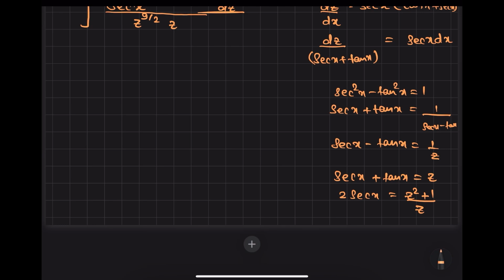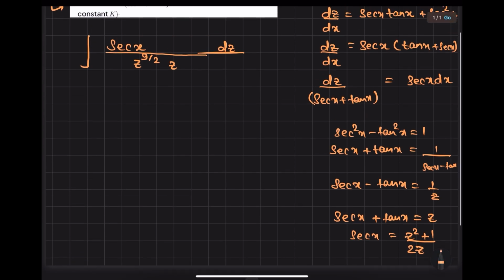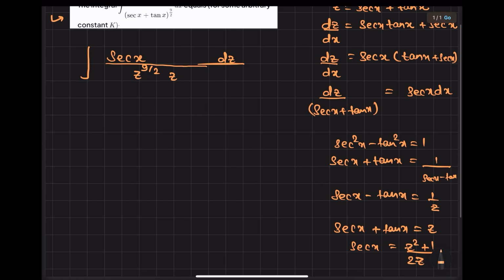Okay, now we can send this 2 to that side, and we got our value of sec x. Now replace. So can I write (z square + 1) by 2z?